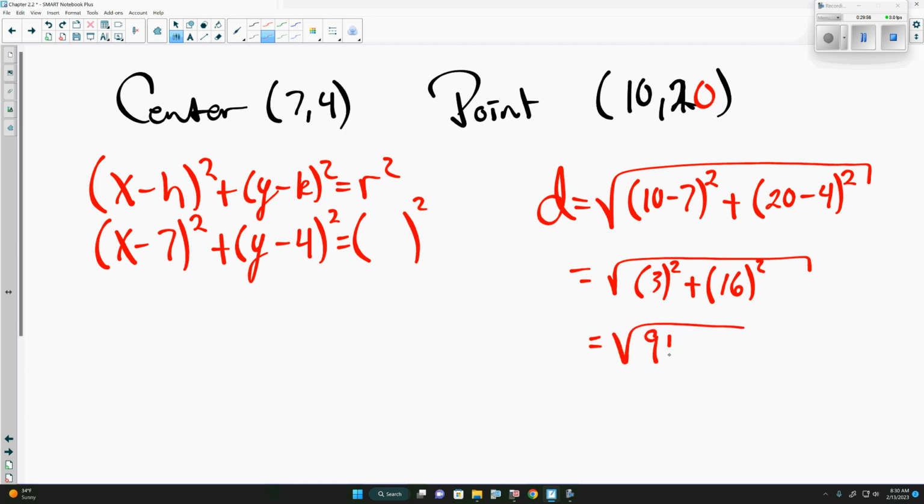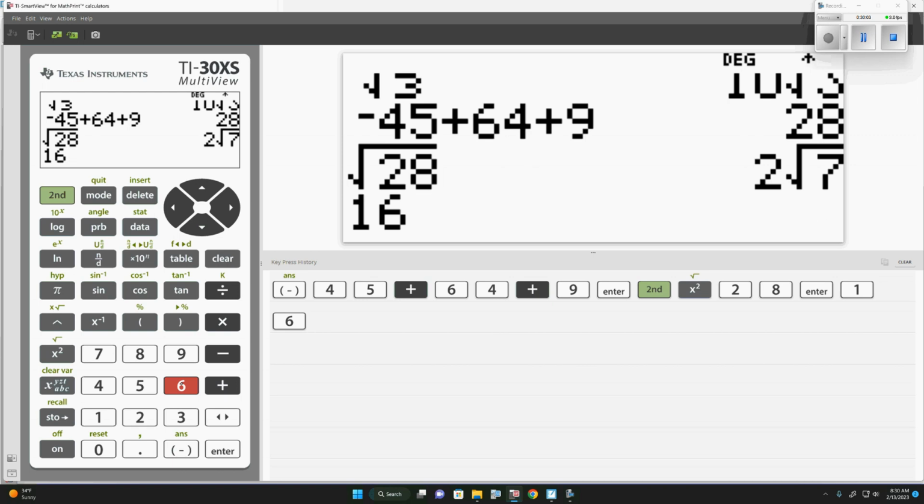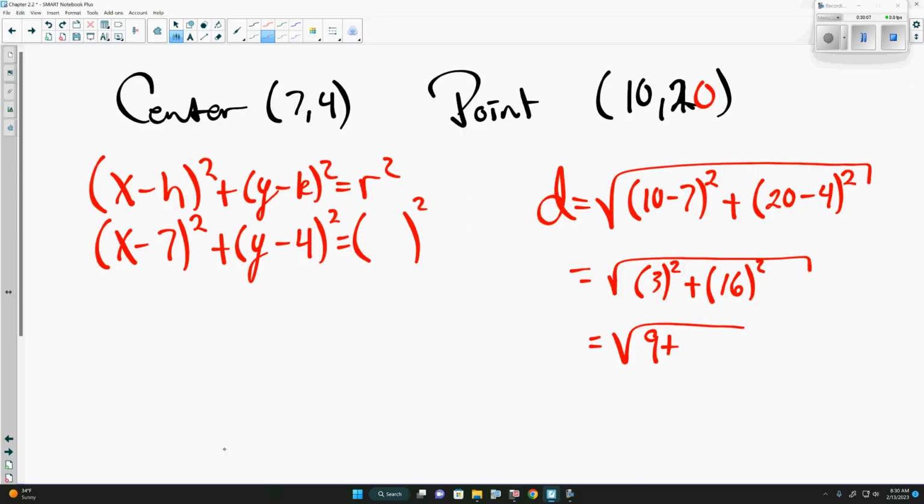I do know that 3 squared is 9. 16 squared is 256. So we're looking at the square root of 265.